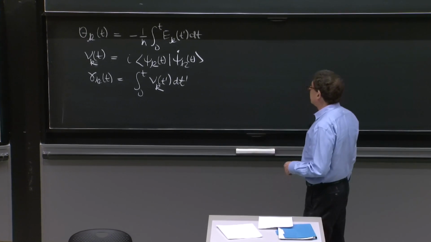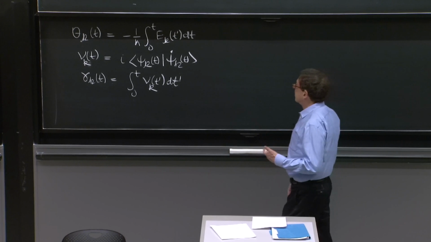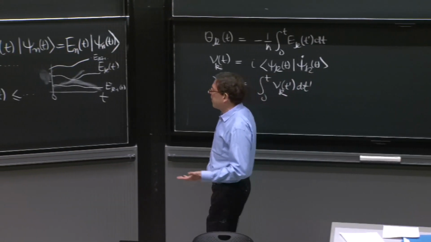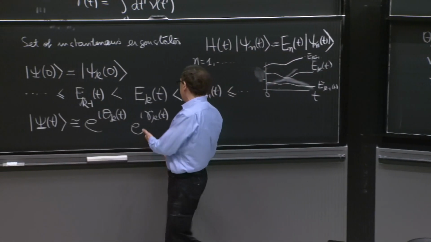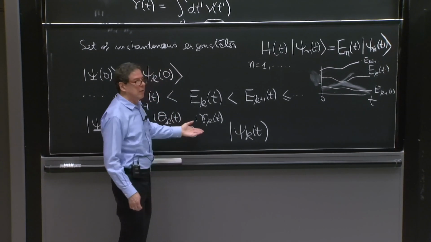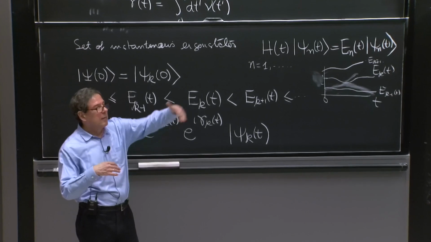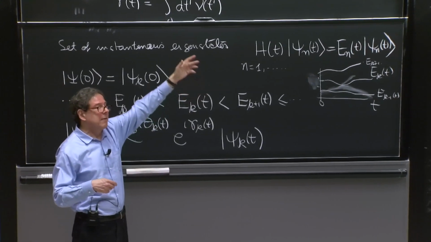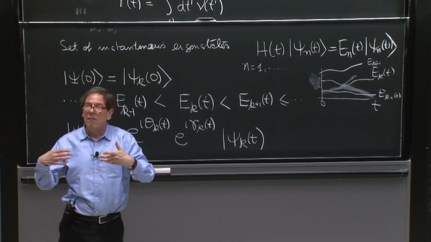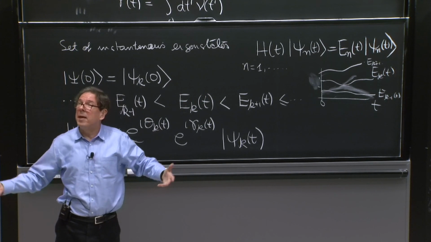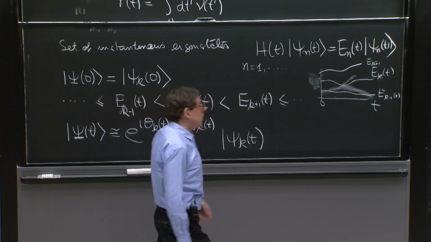Another thing that is important is that sometimes you say, well, these are phases. When you have states, the overall phases of a state are unobservable. You calculate the state after a while, it has a phase. Well, that phase of your physical state doesn't make any difference. Well, that's true.